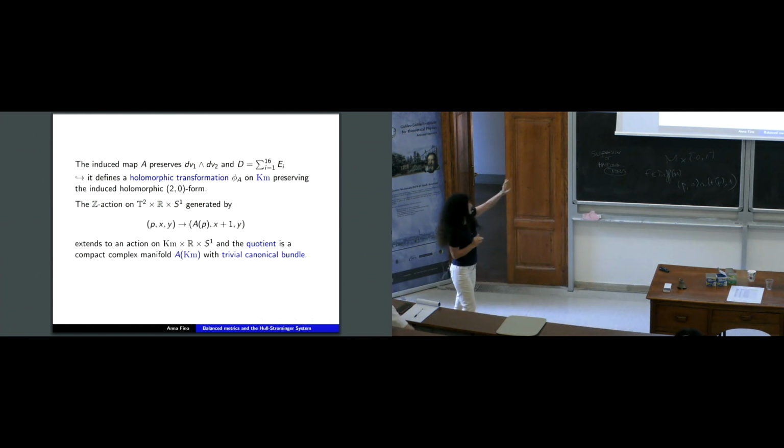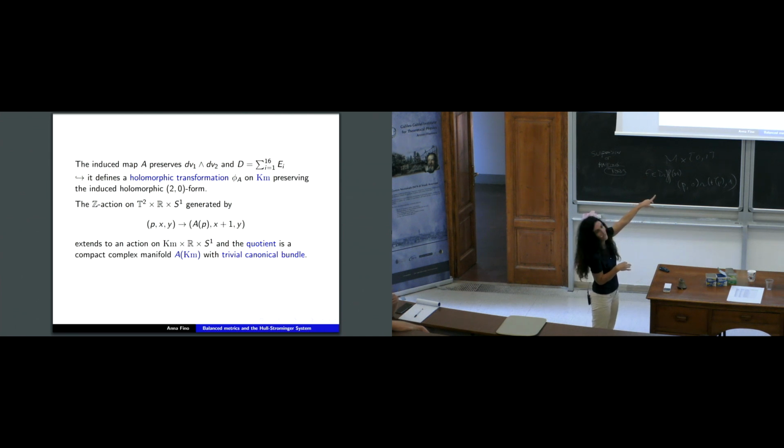So here we take the Z action on that, so we take the Kummer surface times R times S1, and now you understand what I was saying before, because you just act on X, but you don't act on Y. So at the end, you get something which is a mapping torus times S1, and this is exactly the construction of Quinn and Wang mentioned before, and you get a trivial canonical bundle by construction. You have a non-zero holomorphic (3,0)-form. Good.